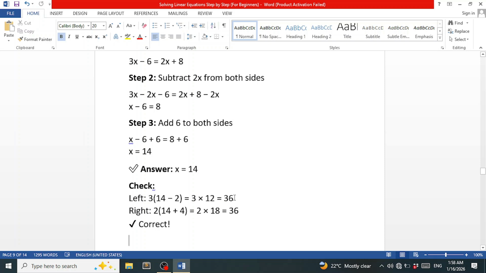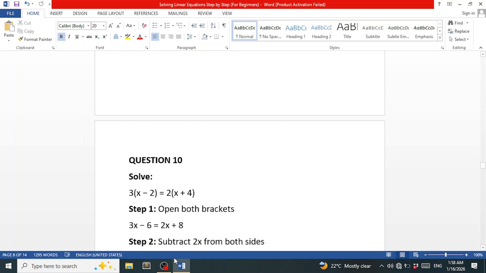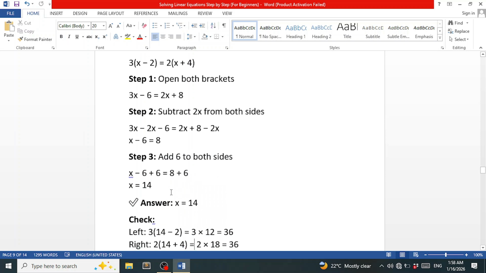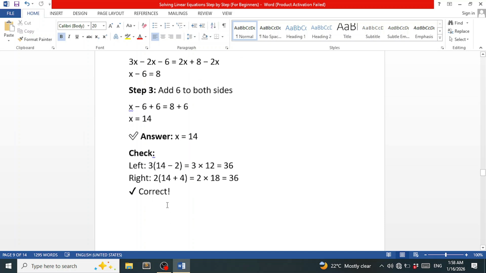Then right side, we've got 2 plus 2 brackets, the x which is 14 plus 4, that is 18 times 2. We're gonna have 36. So the left side is equal to right side, hence our answer is correct. So the solution here, x is equal to 14.